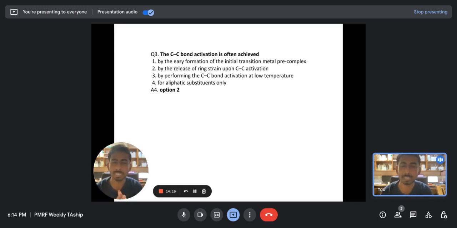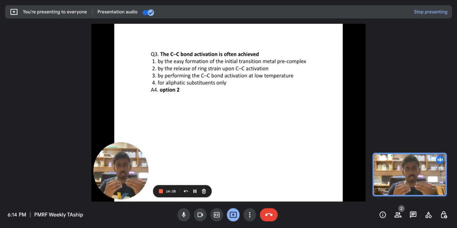But the second option is correct, because it says the release of ring strain upon C-C activation. We know carbon has catenation properties, and it can form several kinds of rings, like 3-, 4-, 5-, 6-, 7-member rings, etc. The 3- or 4-member rings are unstable because they undergo ring strain.